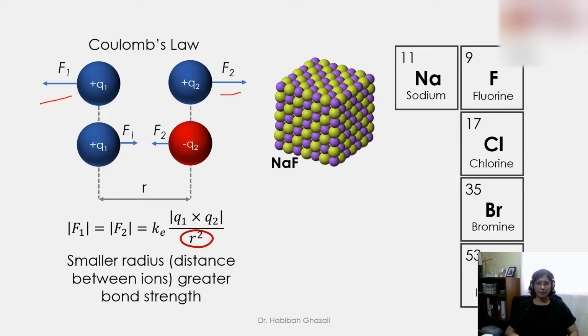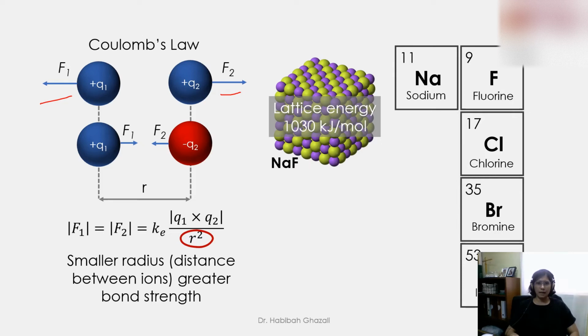So the distance between them is going to be reduced. The smaller the distance, the greater the force. So the lattice energy is now going to increase because those ions are closer together.